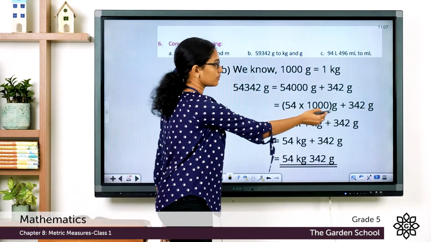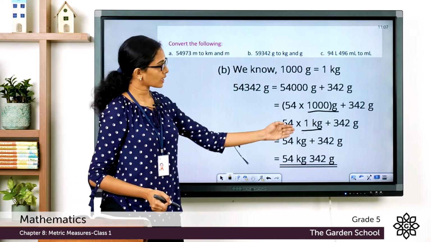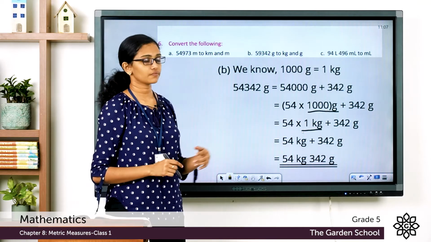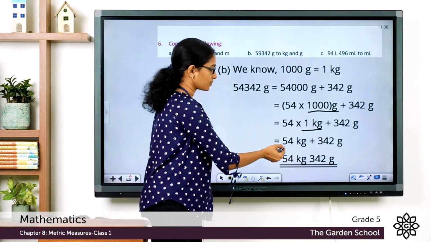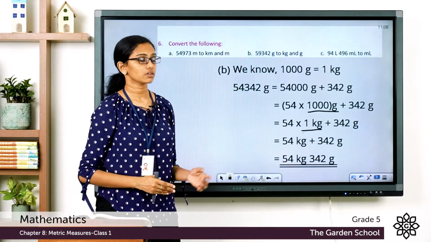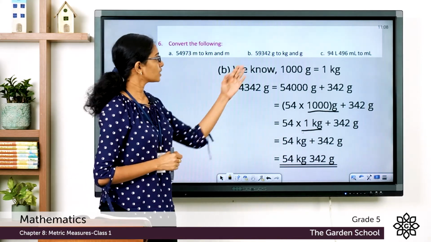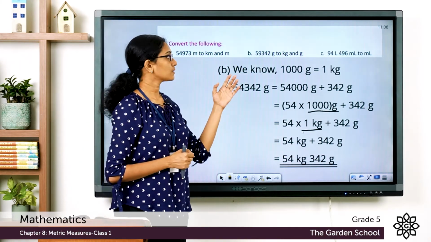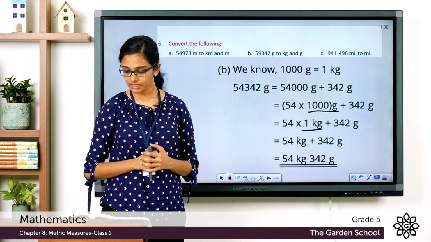And this 1000 gram equals 1 kilogram. So let's rewrite this as 59 into 1 kilogram plus 342 gram. And that is equal to 59 kilogram plus 342 gram, which is 59 kilograms 342 grams. And that is the equivalent of 59,342 grams. Clear?